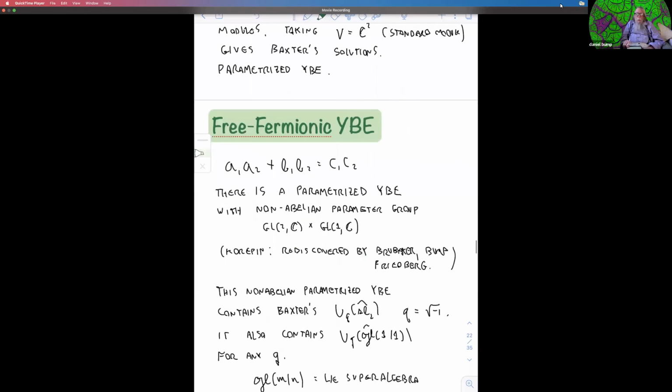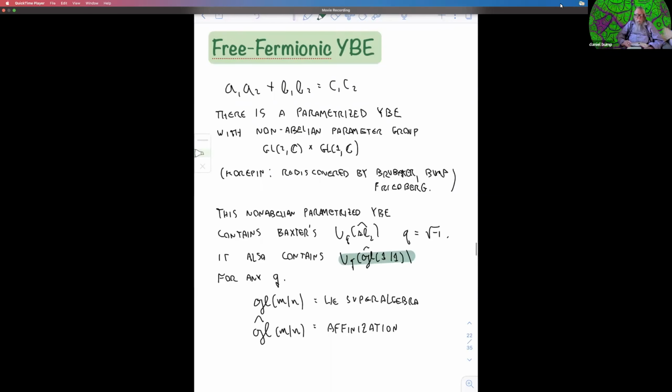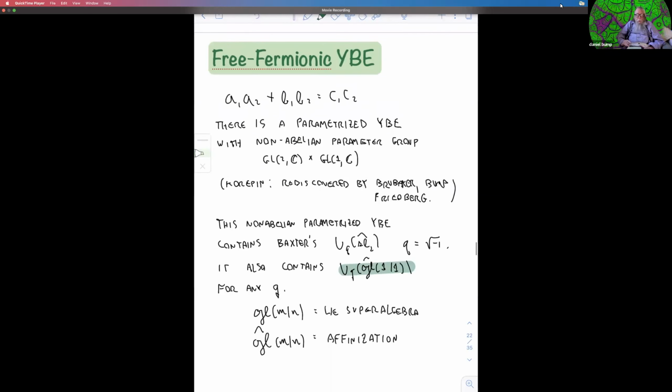And then there's another piece which is related to this other quantum group. This is a Lie superalgebra, which has been quantized, and it's been affinized and then quantized, and this plays an important role in everything. Questions?